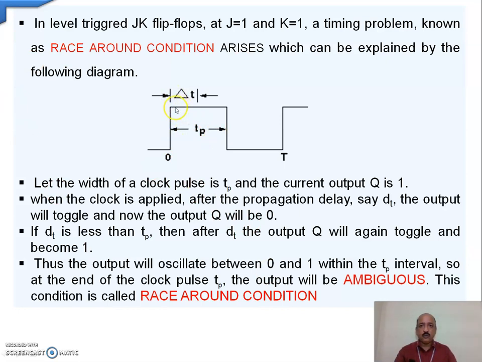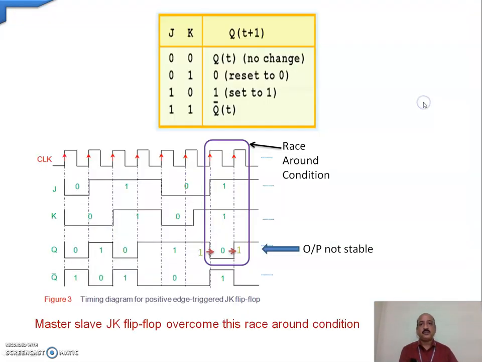As a result, the output will change from 0 to 1, 1 to 0, 0 to 1, 1 to 0. Thus, the output will oscillate between 0 and 1 within the Tp interval. So, at the end of the clock pulse Tp, the output will be ambiguous. This condition is called the race around condition.